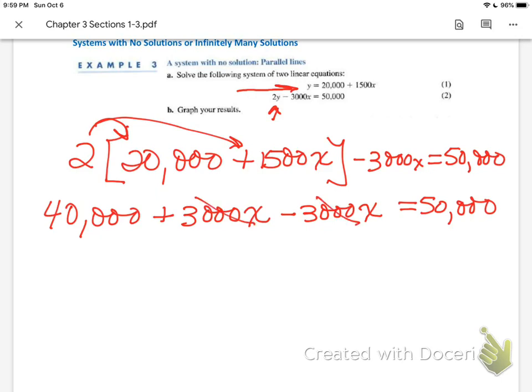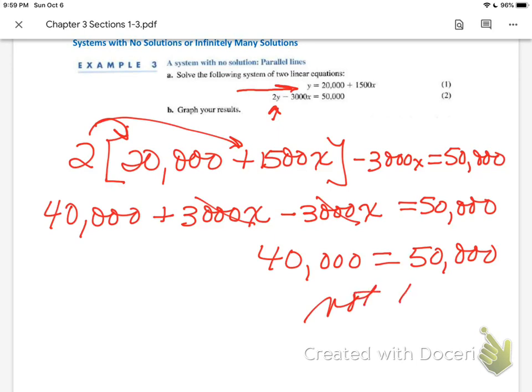The 3,000s are opposite signs, so therefore I have eliminated my x's, not necessarily my goal, and I get this. So does that make any sense? 40,000 cannot equal 50,000, so that's a not true statement.